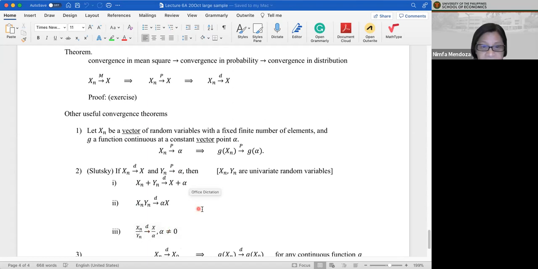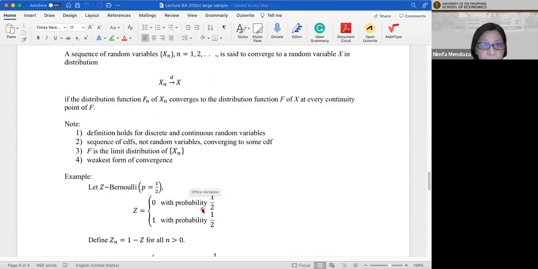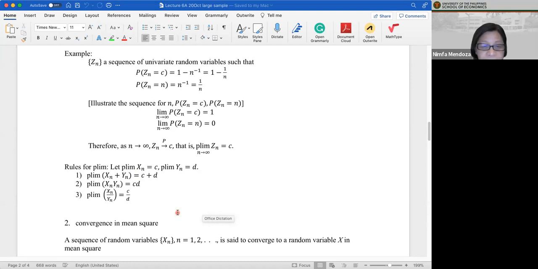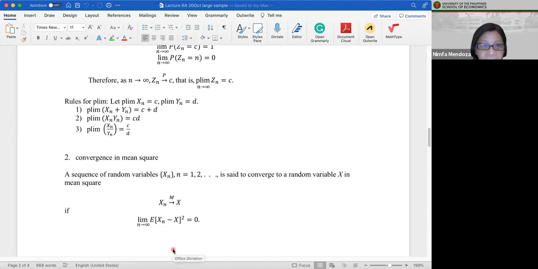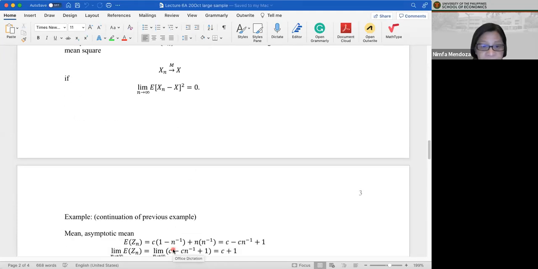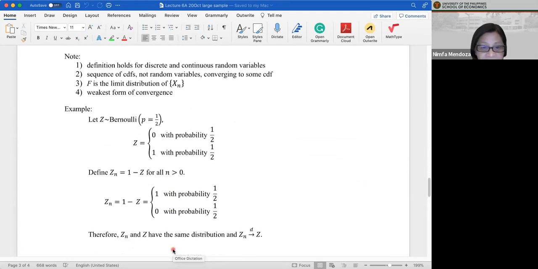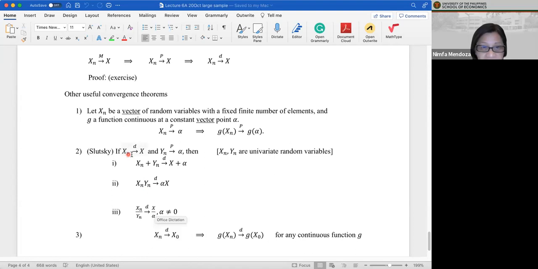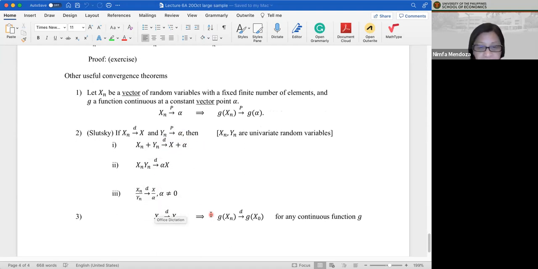These results are similar to what we had earlier for the PLM, except that now we have a weaker convergence concept, convergence in distribution, because one sequence converges in distribution to X only, while the other one converges in probability. So you pick up the weaker form of convergence.